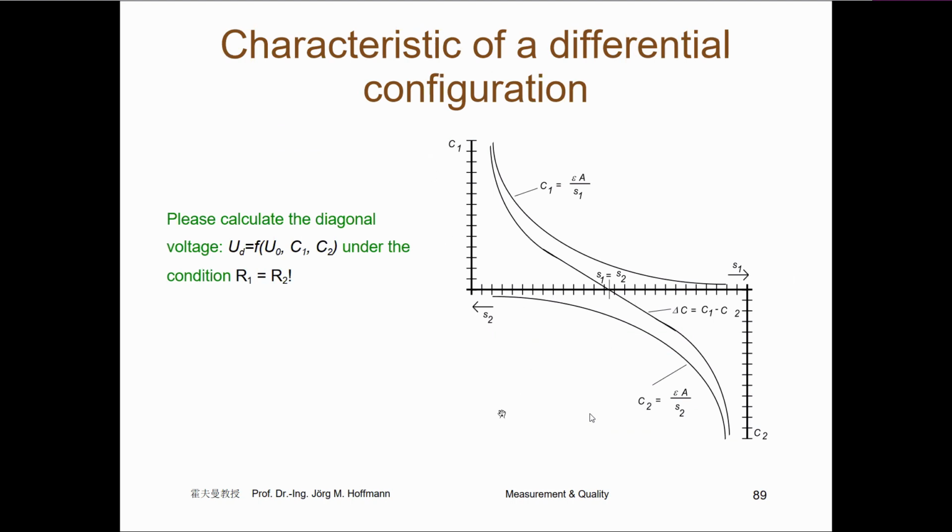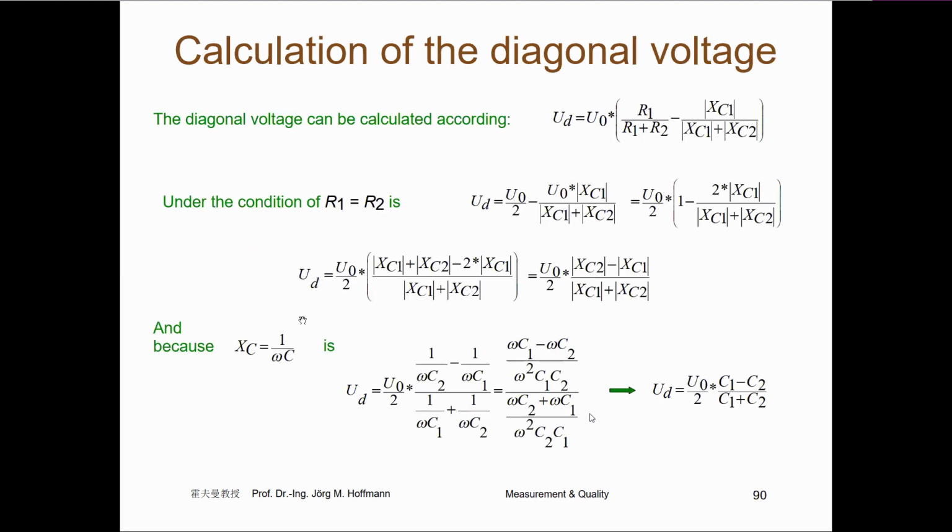Yeah, you have it here. I have here a small task to calculate the diagonal voltage from the voltage of the power supply of the circuit and from C1 and C2 under the condition that the two resistances are equal. And I show you the result.